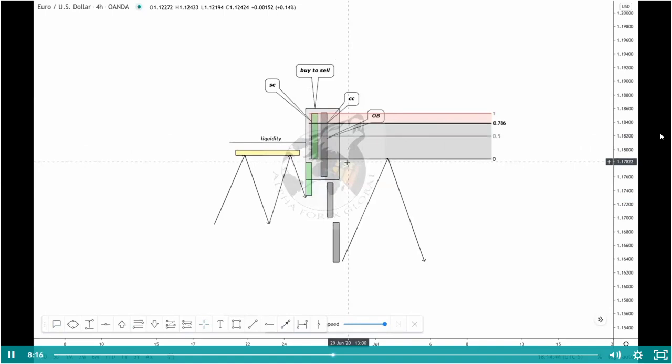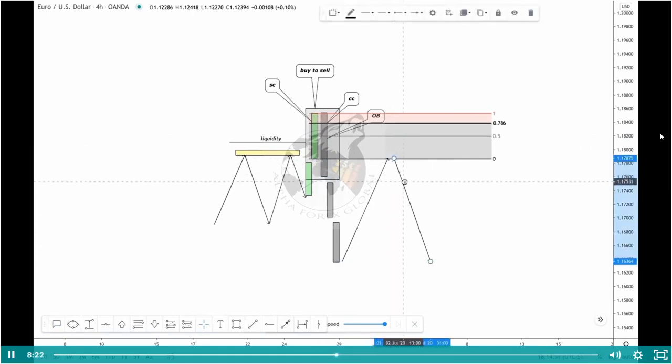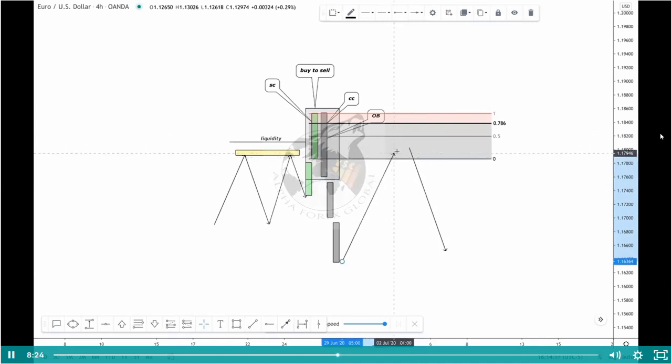from an inefficiency, right? So it's just the market collecting money and moving in the opposite direction. That is generally mitigation. So when the market comes back to this area, it can play the 0%, the 50%, the 100%.